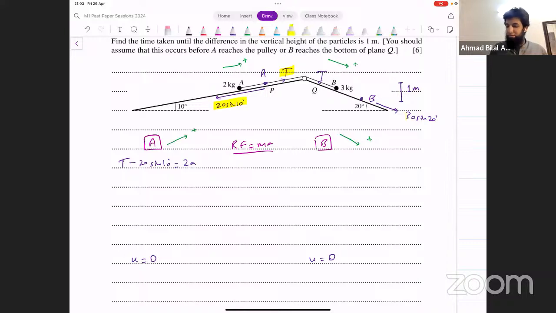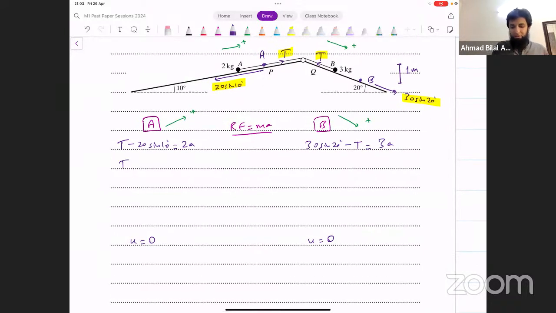For B, 30 sine 20 is the forward force and T is the backward force, so 30 sine 20 minus T equals 3 times a.